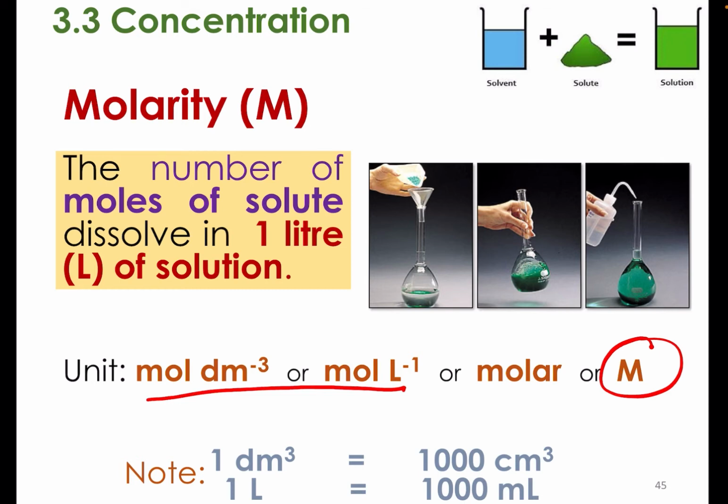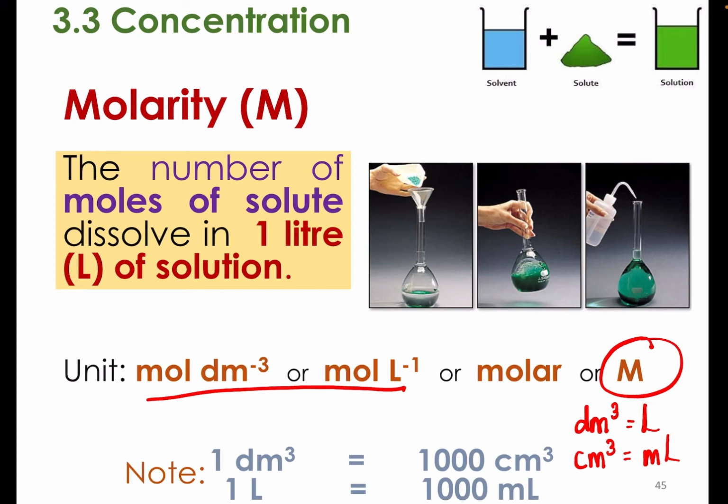You also have to take note that 1 dm cube is equal to 1000 cm cube, and 1 liter is equal to 1000 milliliter. So in the same case, dm cube is the same unit as liter, and cm cube is the same unit as ml.